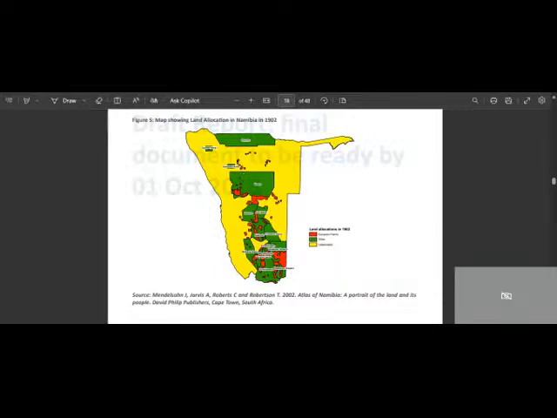Now, you see, this is the whole land of Namibia. You can see the green.